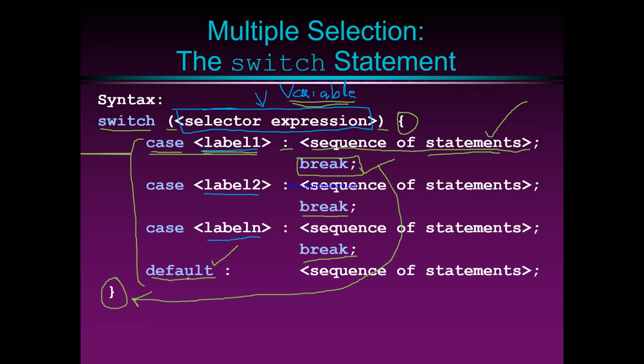Default is a reserved keyword which should be written as it is, and the colon is compulsory. It is the syntax of C++ or any other language that supports the same syntax.